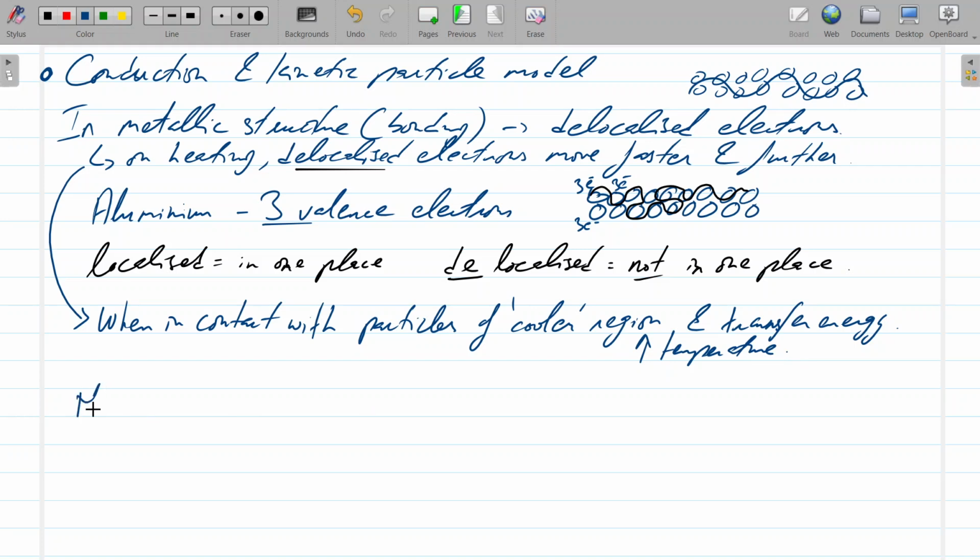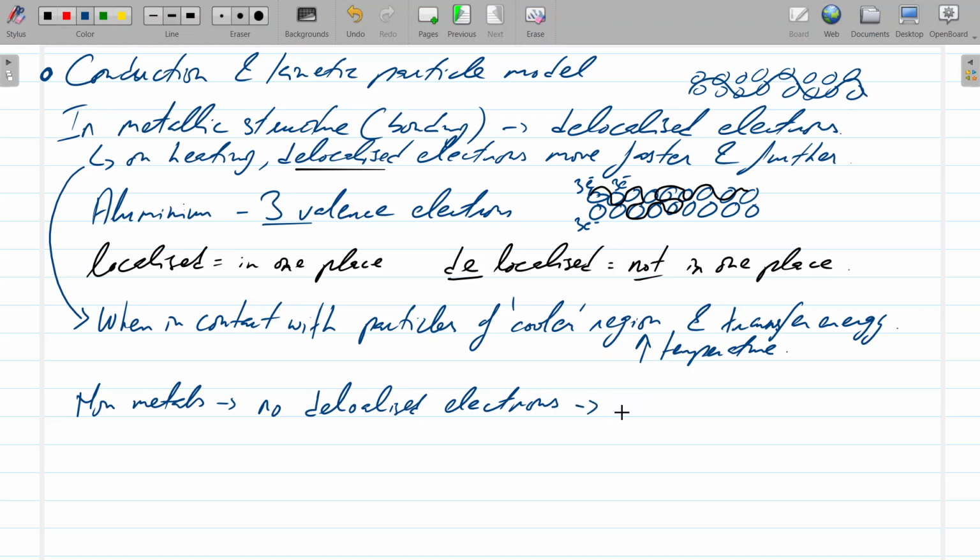With non-metals, there are no delocalized electrons. Wood, for example, does not have any delocalized or free electrons. And so they obviously cannot pass that energy as efficiently.